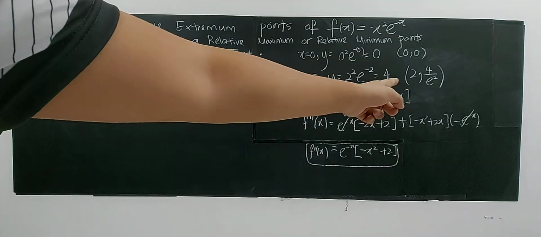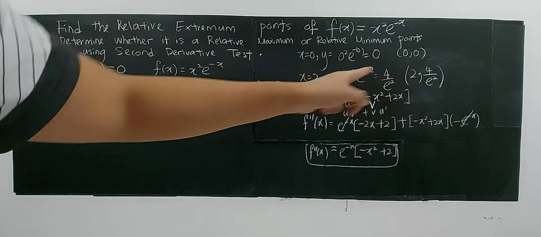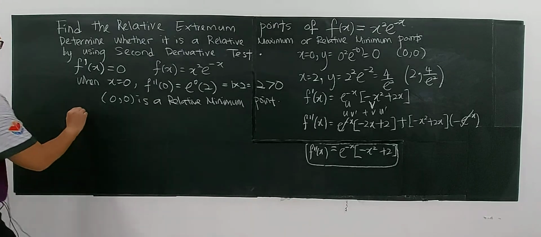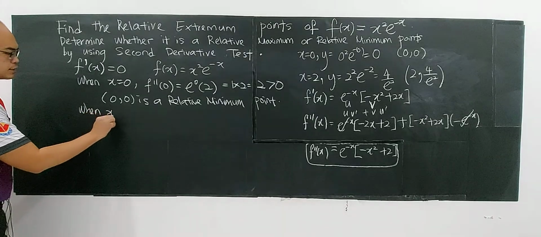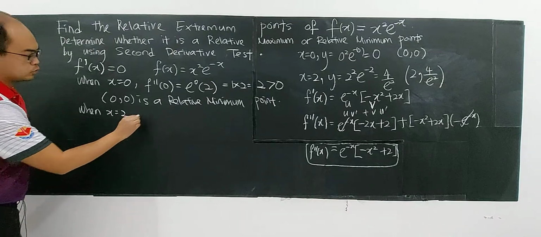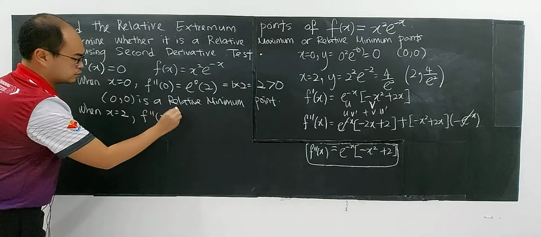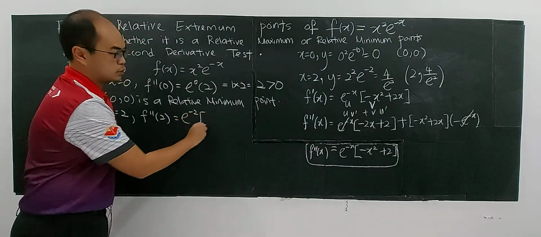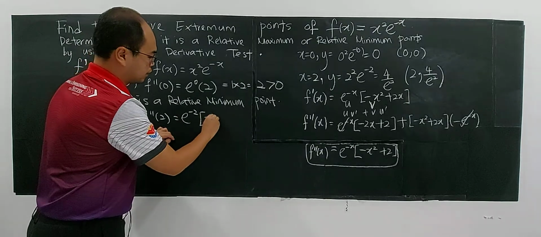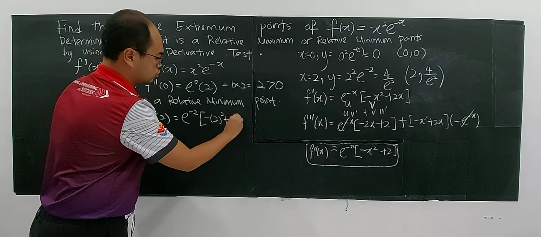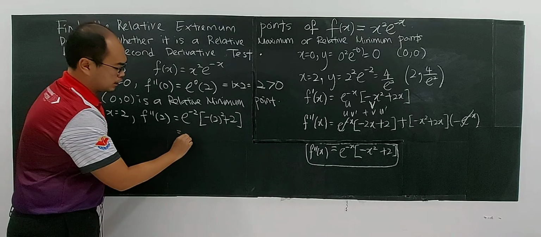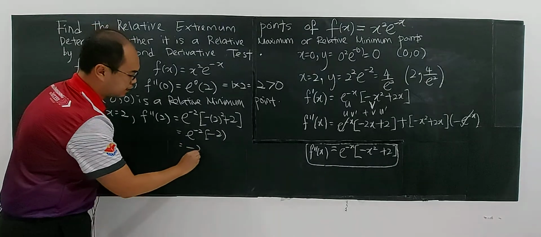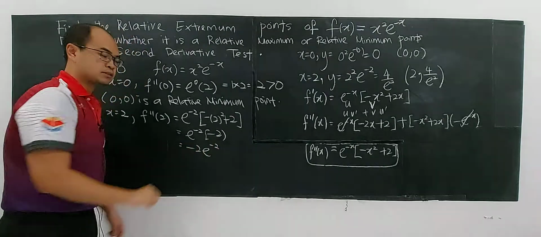How about the second point? You substitute the value x equals 2 into the second derivative. So when x is 2, you have e to the power of negative 2, then negative 2 to the power of 2 plus 2. So you get e to the power of negative 2 times negative 4 plus 2, which is negative. You get a negative number because the exponential is always positive.